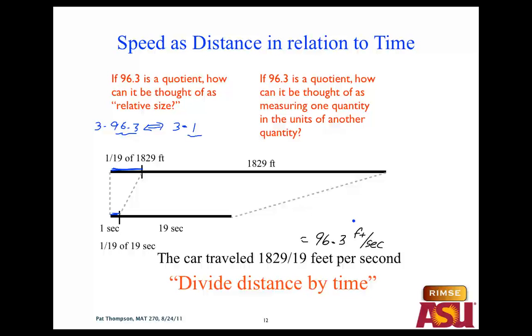So if we want to measure how far we went, what do we do? If you want to calculate the distance, for example, with 3 seconds, you have to multiply by 3 seconds because the units of feet per second is in seconds. Right. So in order to find the amount of feet, it has to be multiplied by the units that it's measured in, which is seconds. So we've got our unit of 1 second, so however many seconds we go, we're going to go that many 96.3s.